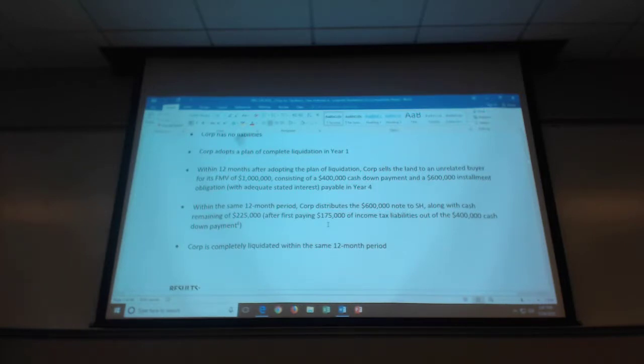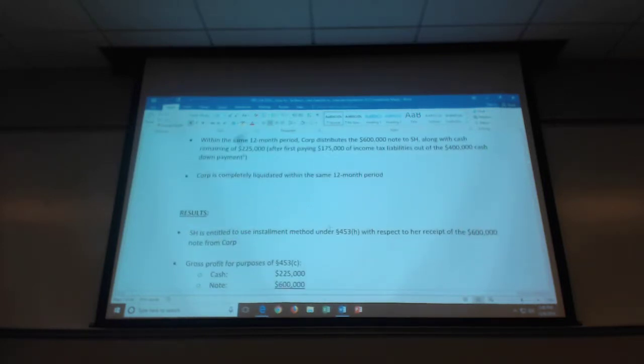So if it received $400,000 of cash, and if it were liable to pay $175,000 of tax liability, it would have $225,000 of cash left to distribute to the stockholder. That's sort of a long-winded way of giving you my factual assumptions here. I don't expect you to understand all the nuances of the installment method, but I thought it would be interesting to play this out.